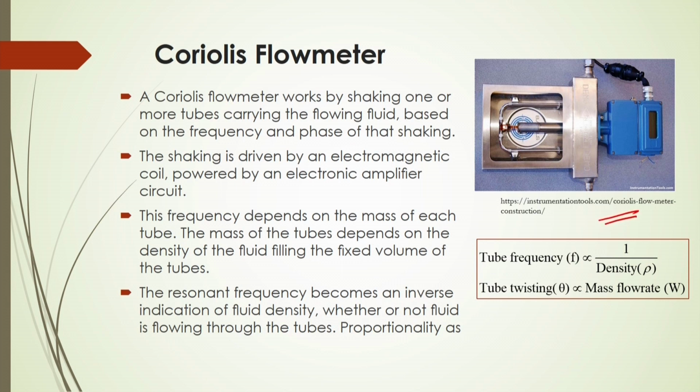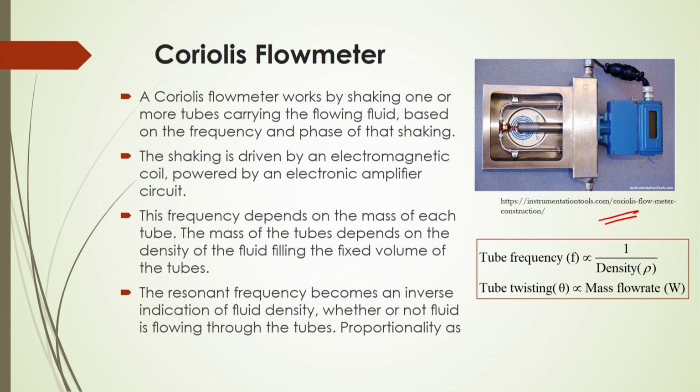The resonant frequency becomes an inverse indication of the fluid density, whether or not the fluid is flowing through the tubes; that proportionality will be there. So, the tube frequency depends on the density of the fluid, and the density depends on how much of that fixed volume is filled in the tubes.